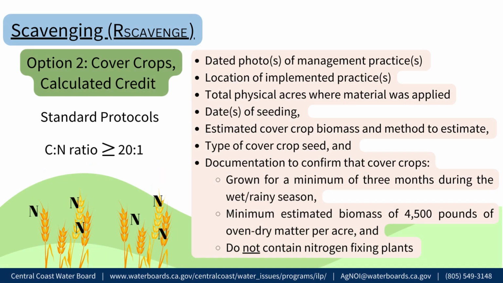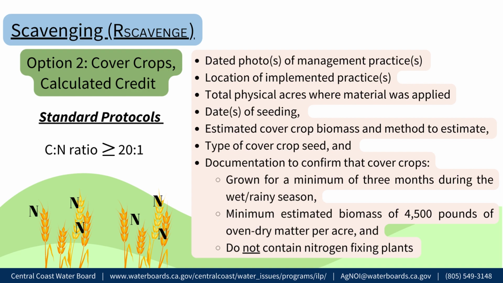Option 2. Cover crop calculated credit. Growers may receive a higher calculated credit for certain approved cover crops by following the cover crop nitrogen scavenging credit standard protocols to determine the nitrogen concentration in the crop material. Please see the cover crop nitrogen scavenging credit standard protocols on the Irrigated Lands Program website and linked below for more information.